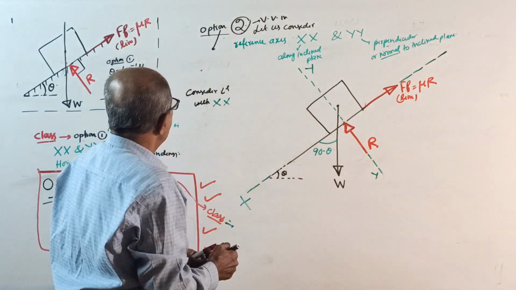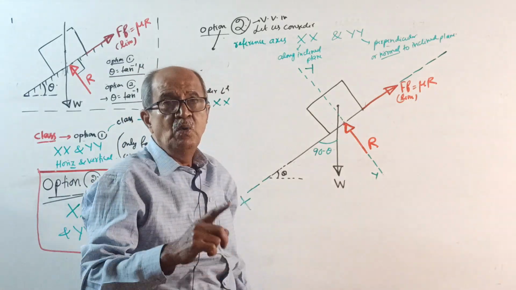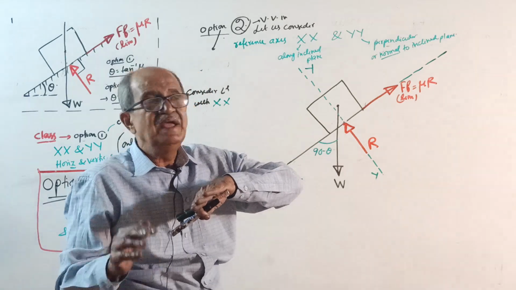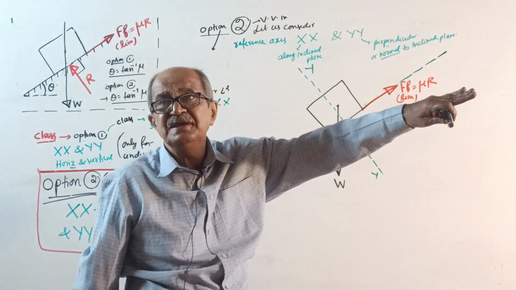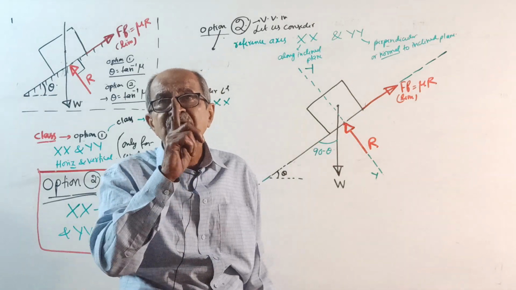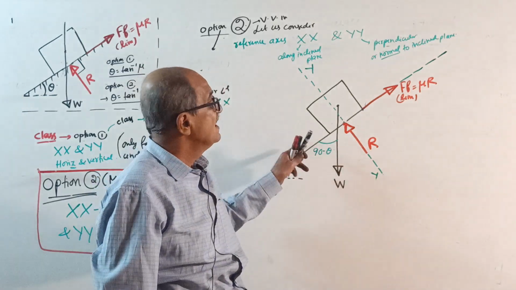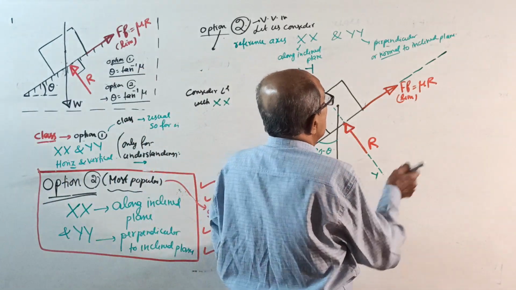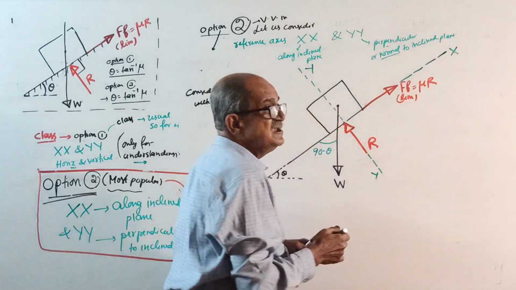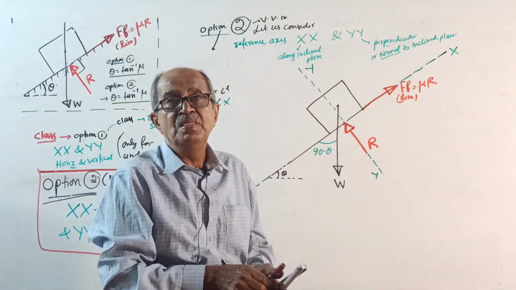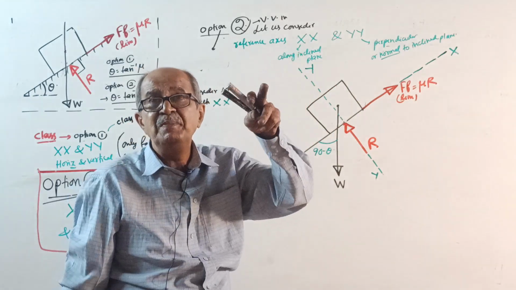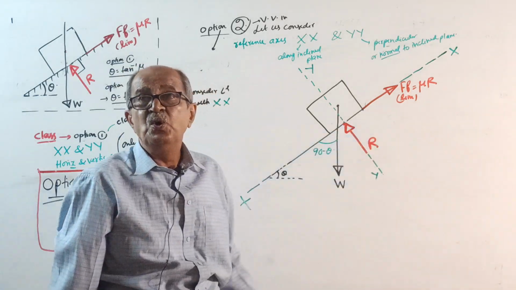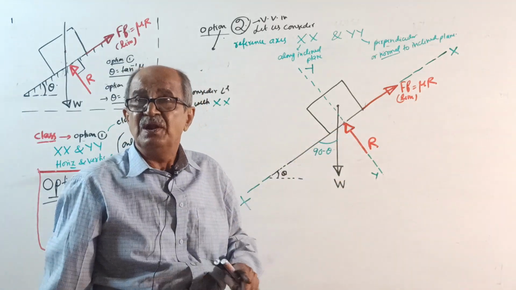Because, reason: now onwards, whenever we get this, I am telling you the 10th time today, inclined planes in the friction chapter, if there is only one inclined plane, we will consider x along the plane and y perpendicular to the plane. See, the advantage you cannot make out now. Later you can make out. Maybe later in one question, I will show you the advantage of this. Later. Okay.